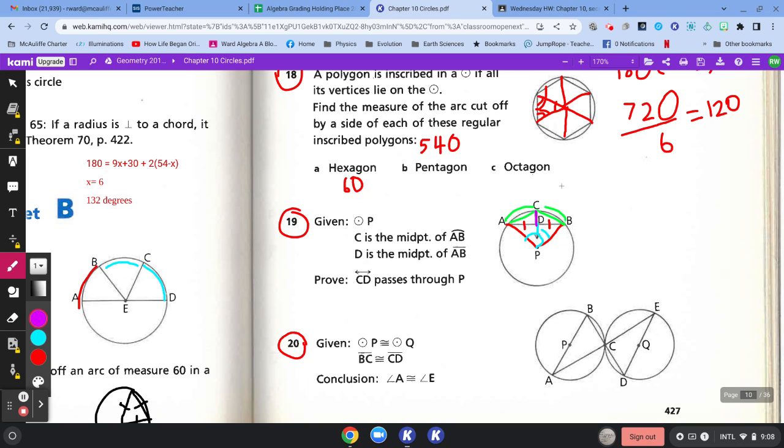Let me back up just a little bit to talk about how that could be done really efficiently. We can very easily establish that D lies on the perpendicular bisector.